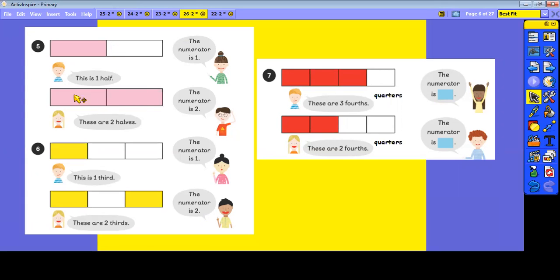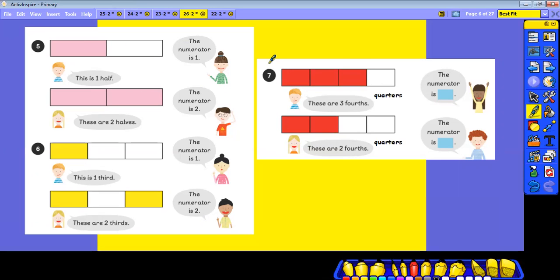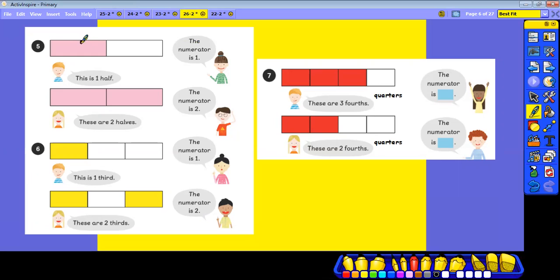But here the numerator would be 2 because there are 2 halves coloured in. So here we've got the fraction of 1/2 shaded in, but here 2 halves have been shaded in, so our numerator is 2 and our denominator is 2, so we'd write it like this.